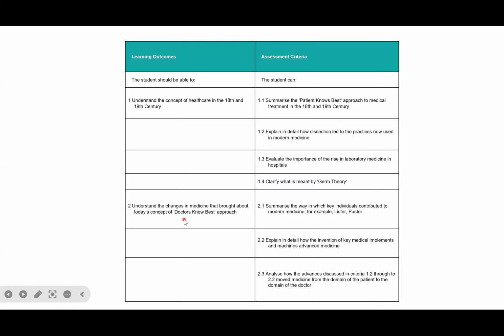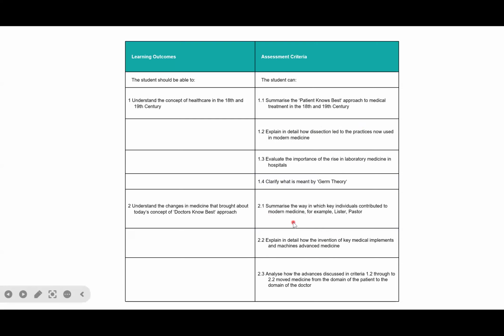And learning outcome 2 was to understand the changes in medicine that brought about today's doctors know best approach. So the first learning outcome revolved around the patient knows best, and the second is about the doctors know best.